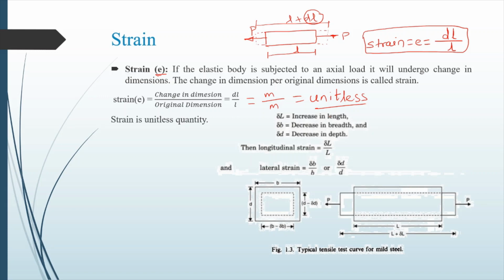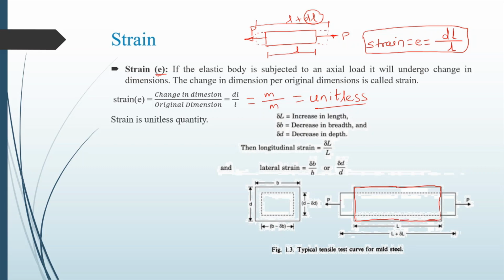Now types of strains. So here the diagram is showing two types of strains actually. This bigger rectangle is showing the initial dimension, so initial size.